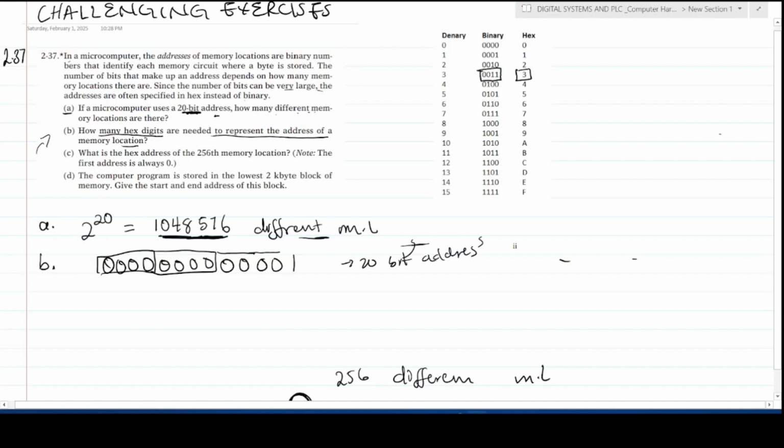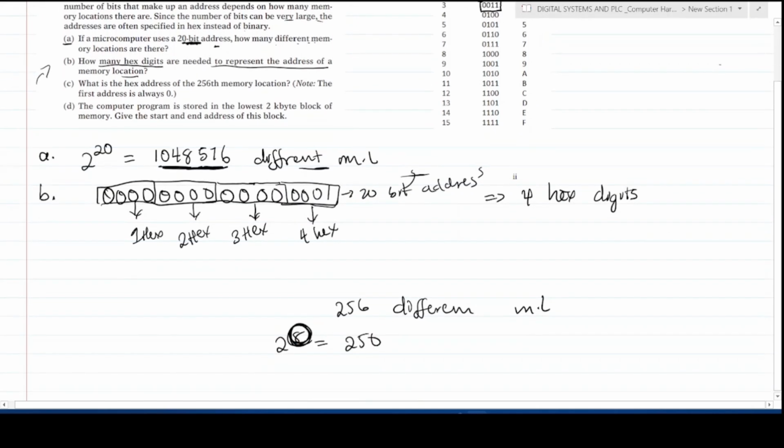Each group can be represented by one hex digit. So therefore, you only need 5 hex digits to represent a 20-bit address. So that's the answer to this question.